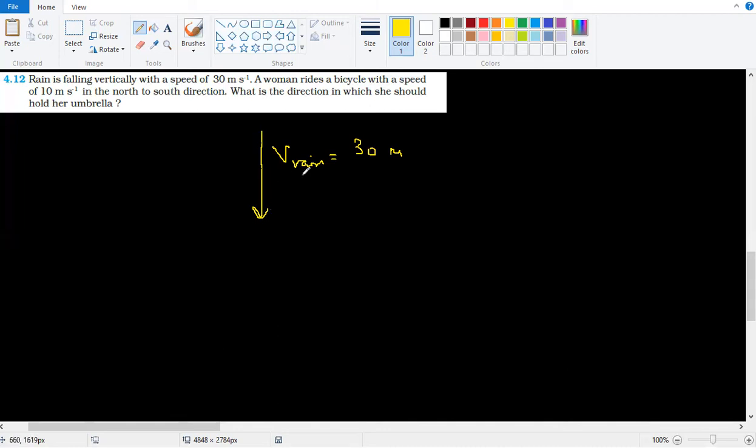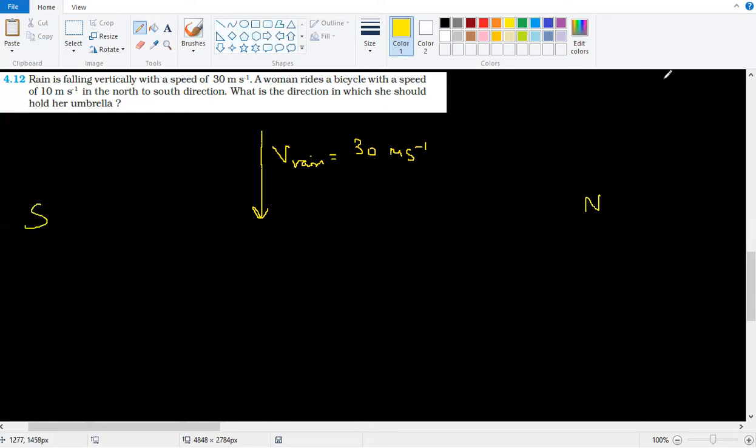Okay. So velocity of the rain is equal to 30 meters per second. A woman rides a bicycle with the speed of 10 meters per second in the north to south direction. So let's assume that this side is north, this side is south.